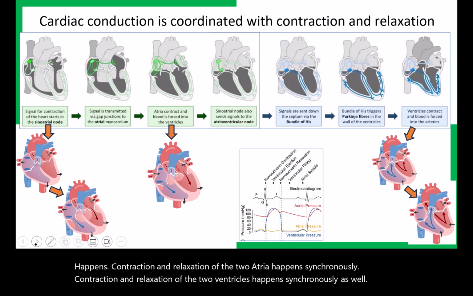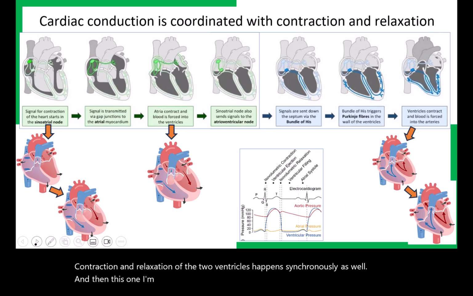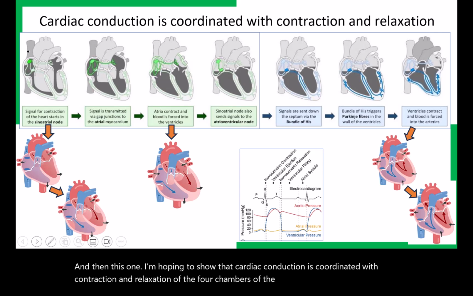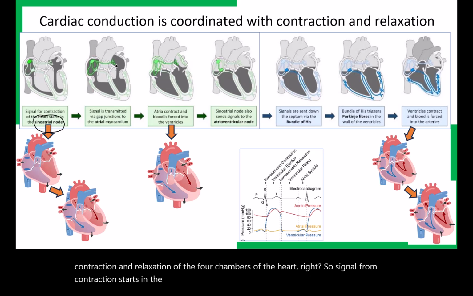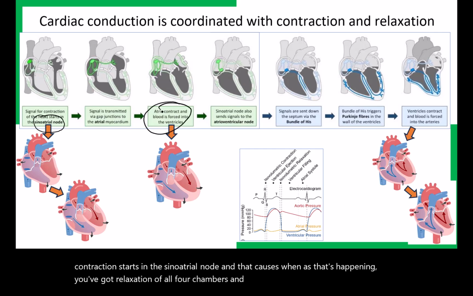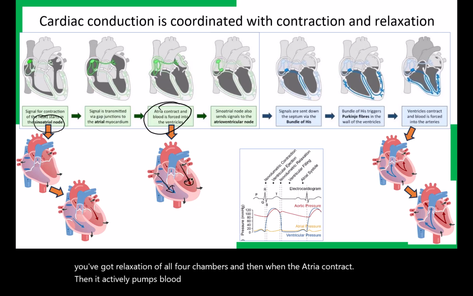And then this one, I'm hoping to show that cardiac conduction is coordinated with contraction and relaxation of the four chambers of the heart, right? So the signal for contraction starts in the sinoatrial node, and as that's happening, you've got relaxation of all four chambers, and then when the atria contract, they actively pump blood from the atria to the ventricles.